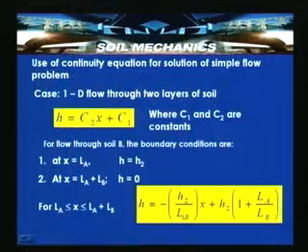Now substituting and solving for the boundary conditions, for x ranging from LA to LA plus LB, we get H is equal to minus H2 by LB x plus H2 into 1 plus LA by LB. This is the flow through soil B, valid from distance LA to LA plus LB, that is the right hand side end of the container under consideration.